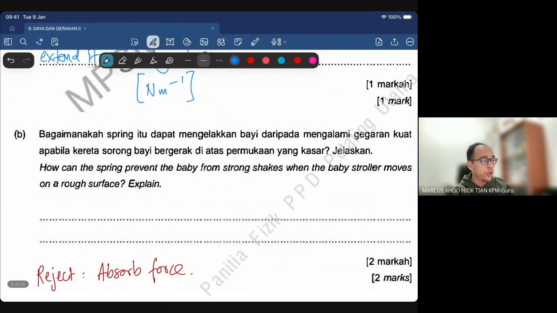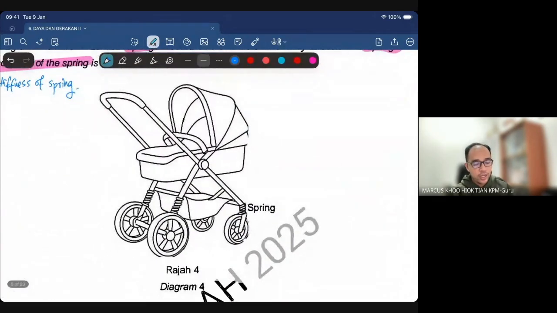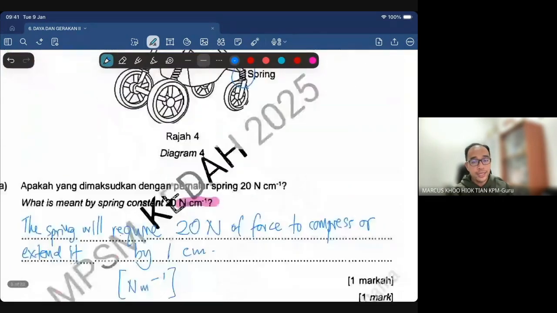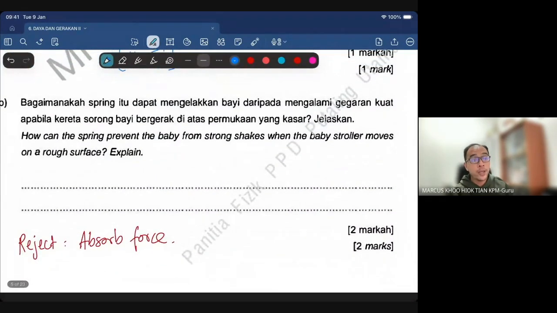So how can the spring prevent the baby from strong shakes when the baby stroller moves on a rough surface? The spring over here is kind of like a suspension spring. If you understand how springs work, when it moves on a rough surface, the spring will extend and compress.